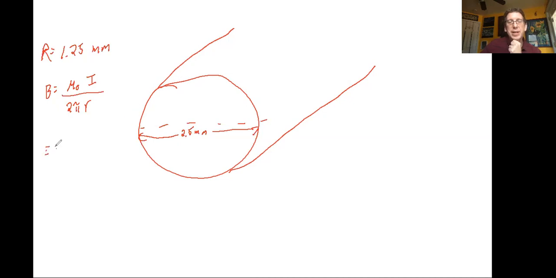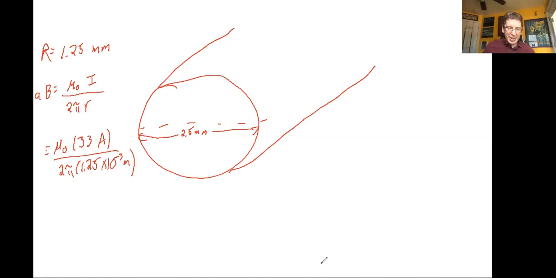So that's, and this is part A, mu naught I, we're given that I is 33 amps, divided by 2 pi. And we are told that we're at the surface of the wire, so that's at a distance 1.25 millimeters away from the center. So that's 1.25 times 10 to the negative 3 meters.